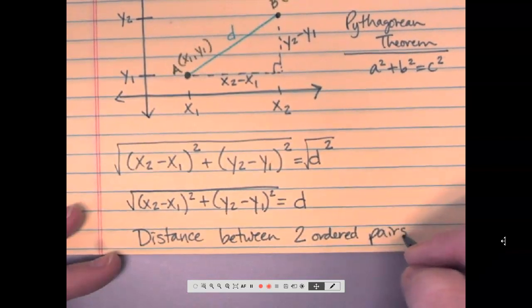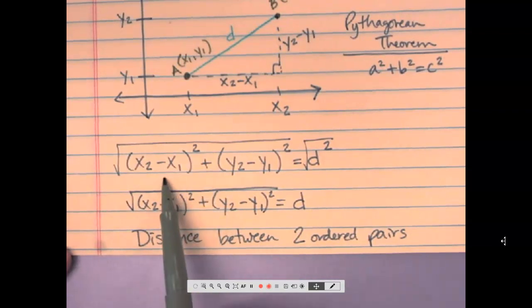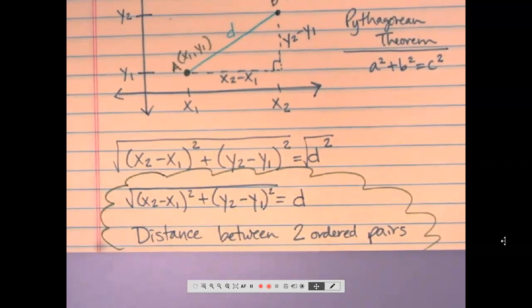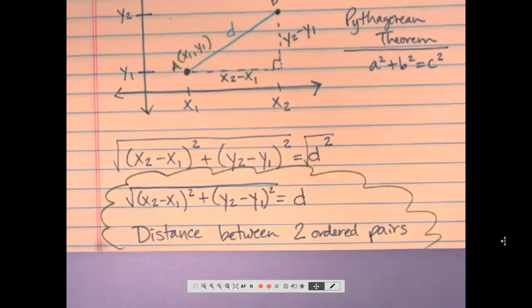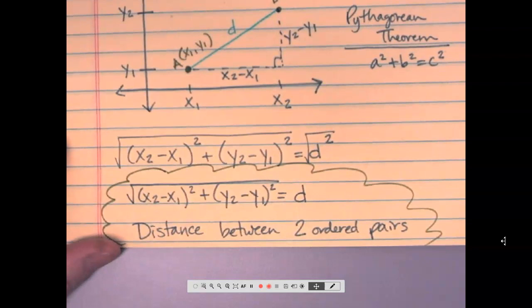Do you already know that, or should you put that on a formula sheet? That's only a question that you can answer. If you know that and you don't have any trouble remembering that, then I wouldn't bother. But if you think you might need a reminder, I'd put that on my formula sheet. Okay? Distance formula between two ordered pairs. Okay, and when you finish, don't put it back in the sheet.